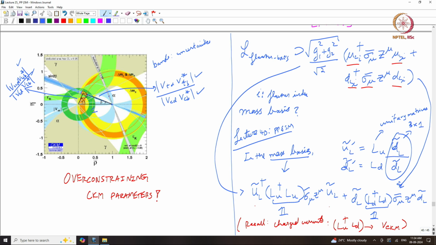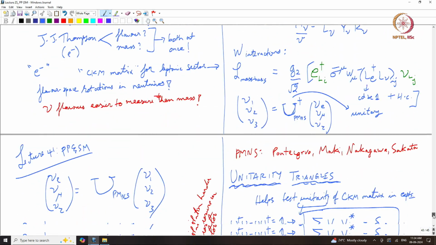So, that would mean you basically would draw circles with bands denoting uncertainties, and if those bands overlap at the right place, it tells you indeed that unitarity is true up to these measurement uncertainties. And this is an amazing plot because many independent measurements with many different uncertainty bands overlap at the right place, giving us more and more confidence that all this structure that we have been writing down is indeed true, because it picks out the unitarity in flavor space beautifully, correct.